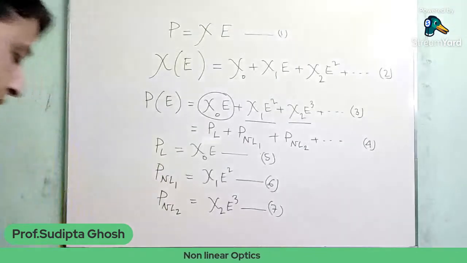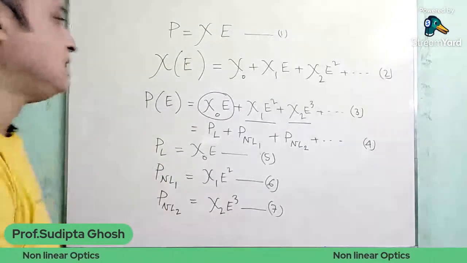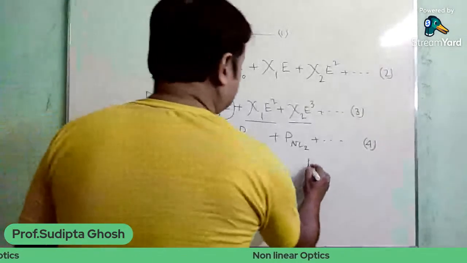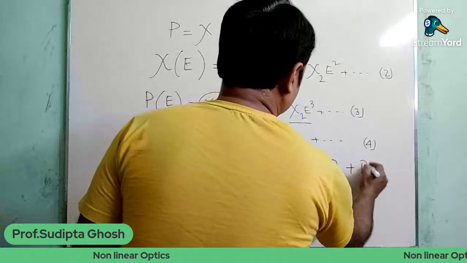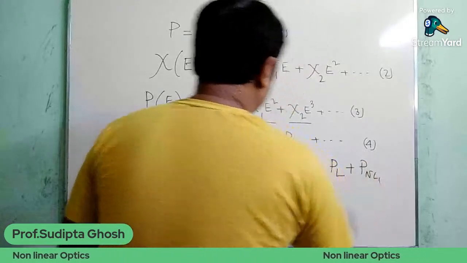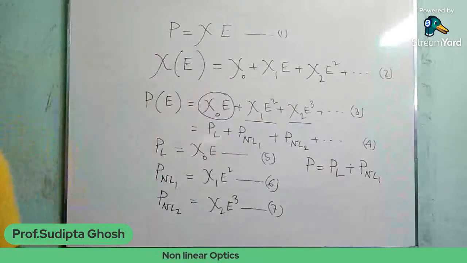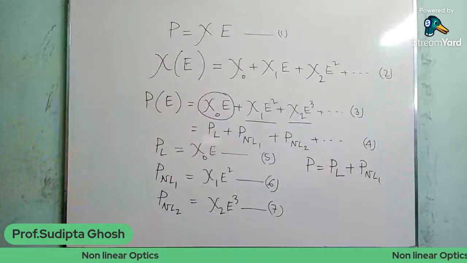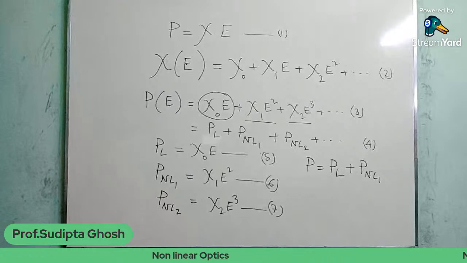So for our discussions, capital P can be written as PL plus PNL1. We actually omit the second order nonlinear effects, where PL, as we already know, is chi0 E and PNL1 equals chi1 E square. Fine?